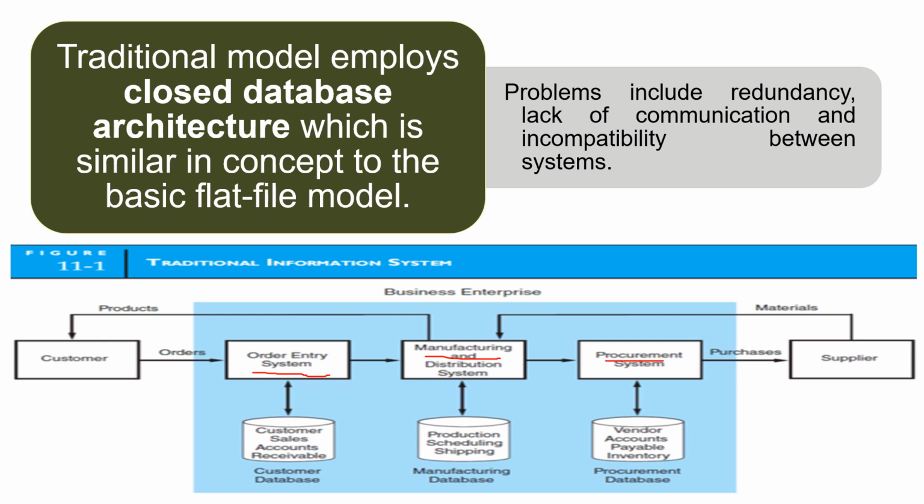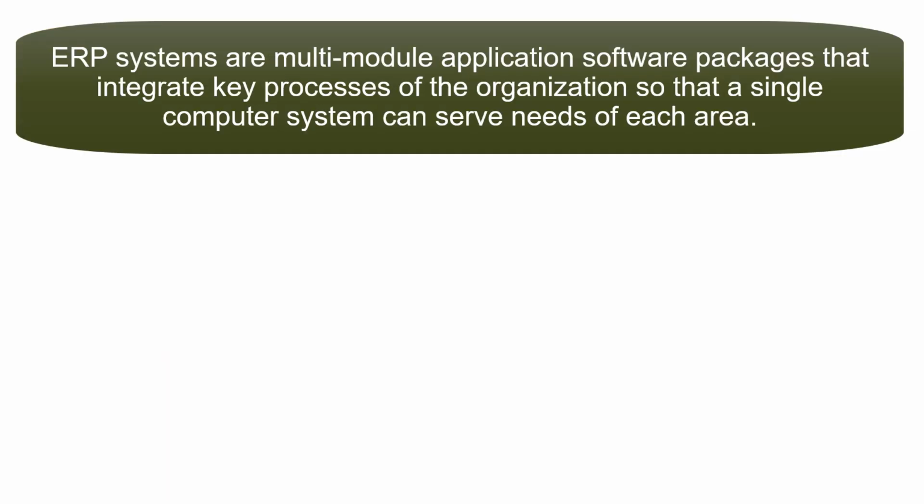So three processes or three systems, and each one of them has a separate database. That's the concept of the traditional information system. So information will be redundant in each database, because they are not connected.